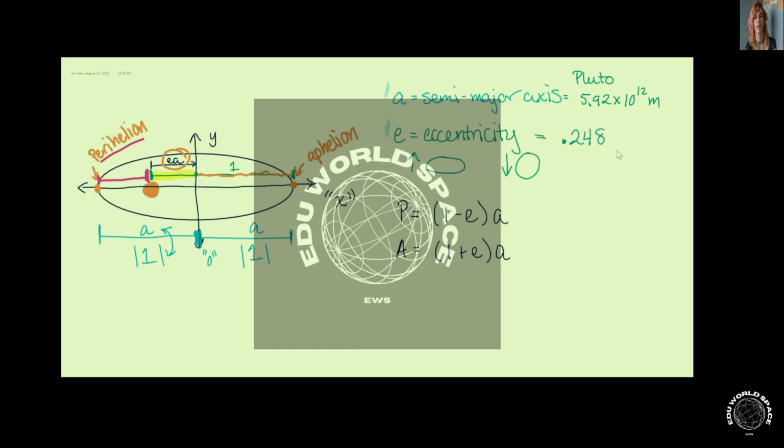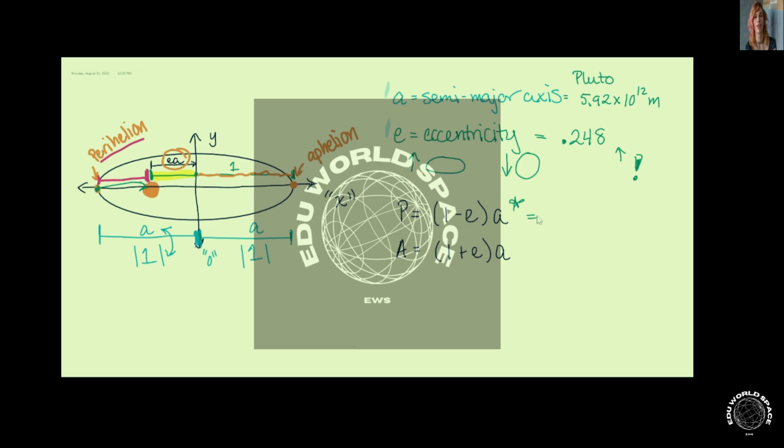Notice how eccentricity doesn't have any units. Little exclamation point. There's no units here. Okay. So if we wanted to find the perihelion for Pluto, if we wanted to find the closest value for Pluto to the sun, that's going to be our 1 minus E times A.